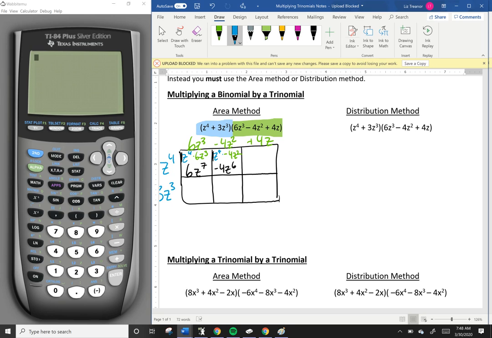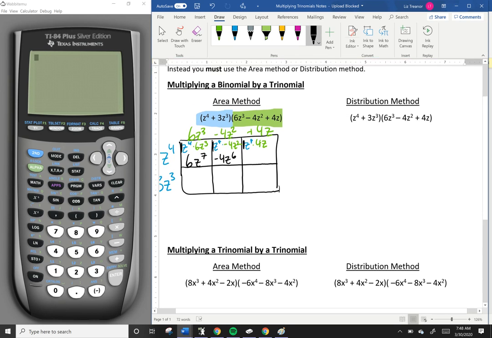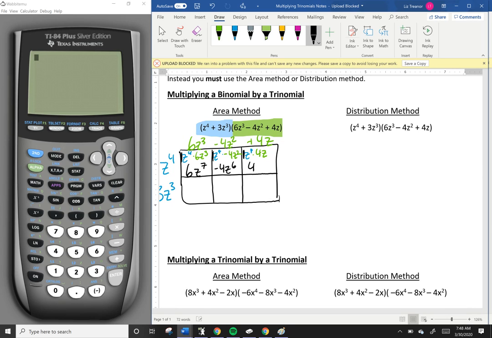Again, to the right, z to the 4th times 4z. Imaginary coefficient for the z to the 4th, 1 times 4 is 4. And z to the 4th times z. We can give this z an imaginary exponent as well, so that's z to the 1st, and 4 plus 1 is 5.